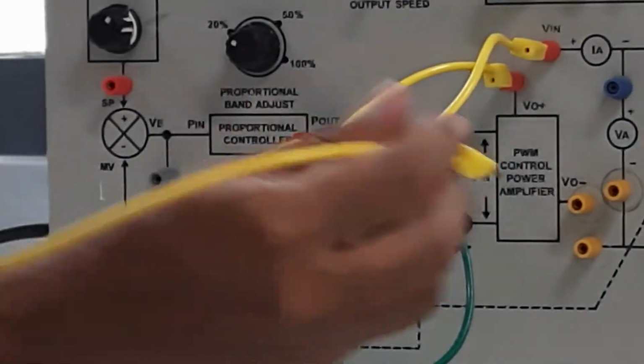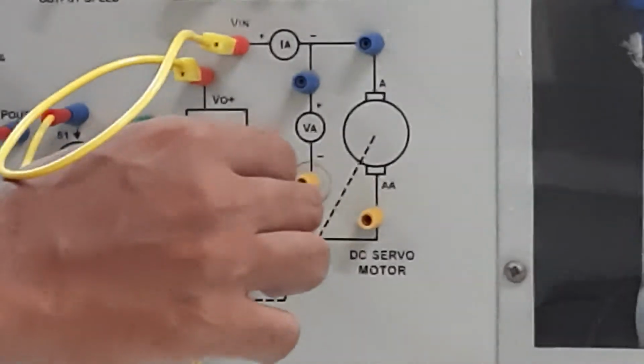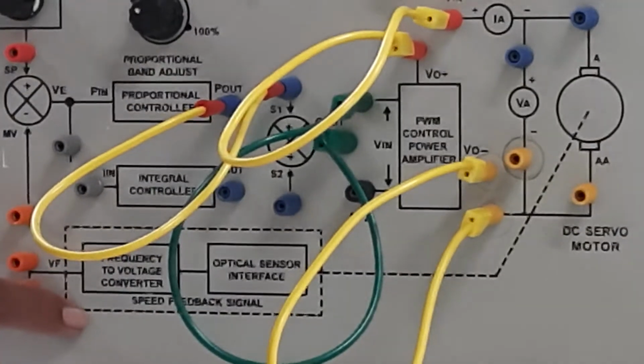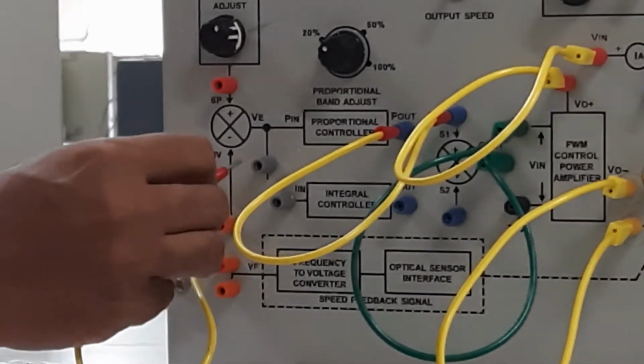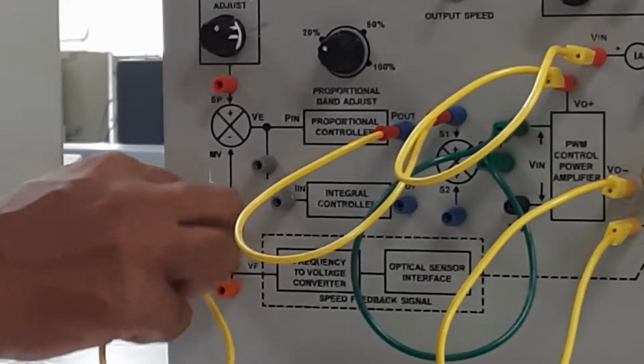Similarly, the return path of your armature is connected to the negative of your controller, and again from this frequency to voltage converter input you give it to the proportional controllers. From this you connect it to this one.